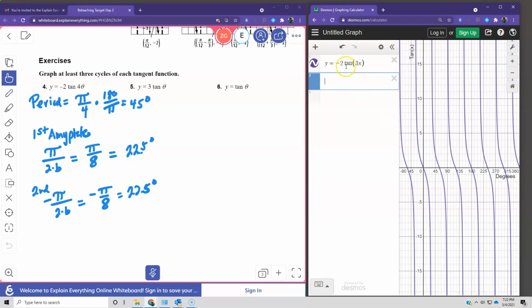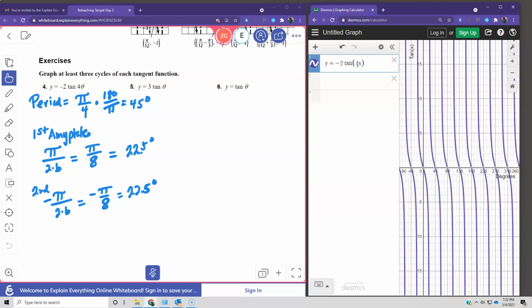So negative 2 tangent of 4x. And you notice that we have x equals negative 22.5.